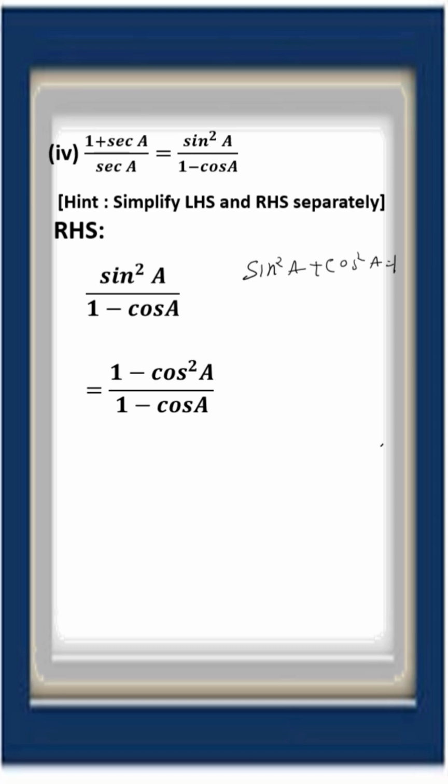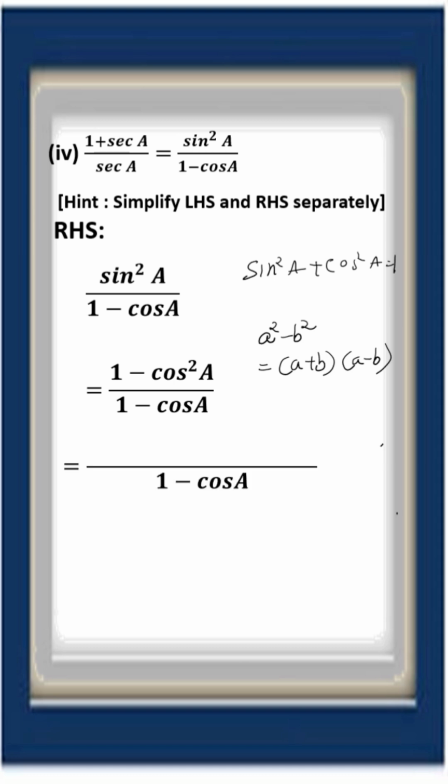The numerator is in the form of a square minus b square, which is equal to a plus b into a minus b. So we can rewrite the numerator as 1 plus cos A into 1 minus cos A. The denominator will be same.